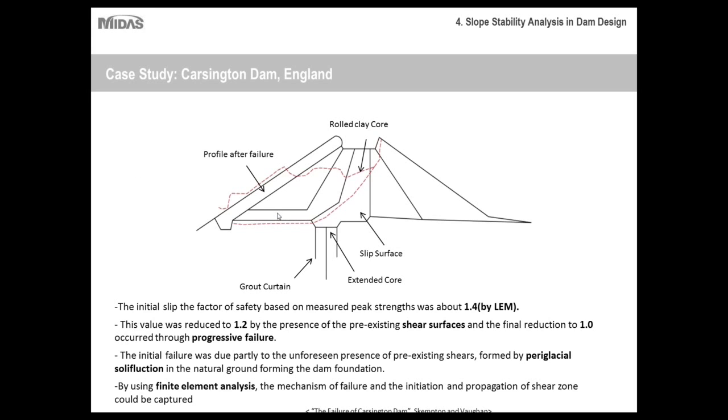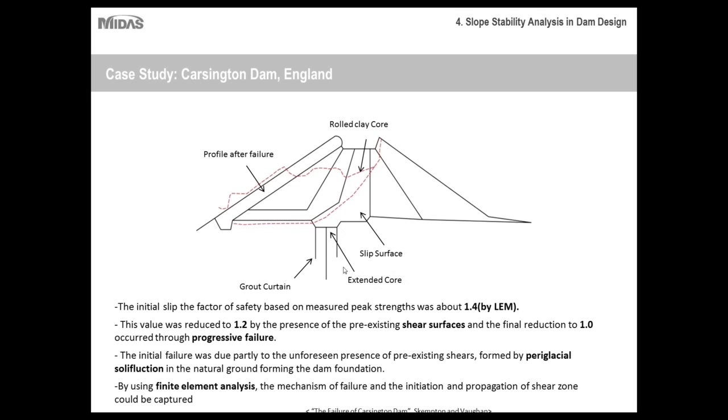So that's why this particular case study is so important, because seepage analysis and slope stability analysis are very linked when it comes to dams and embankments. One thing to keep in mind is that when seepage analysis is used in a coupled analysis with either the limit equilibrium method or the shear strength reduction method, then you can get results that are more accurate and that safely take into consideration pore water pressures or changes in pore water pressure.